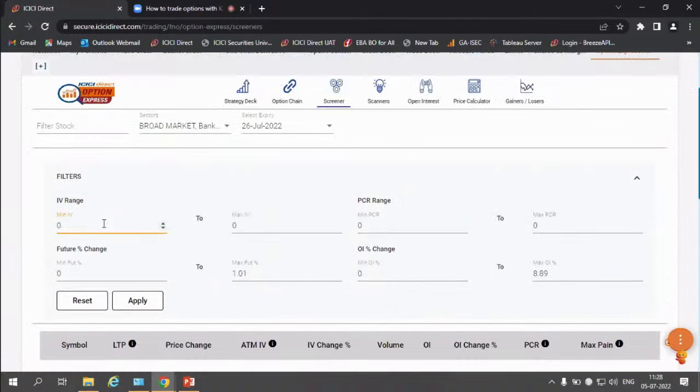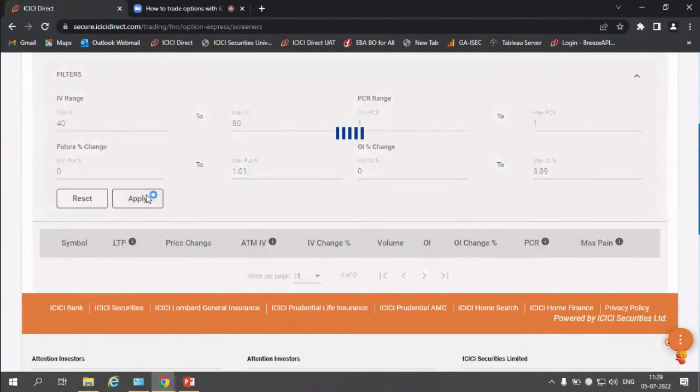Right. So for the IV range, the minimum IV that you want to filter, let's say from 40 to 80, is what you want to see. PCR range, you don't know how much you want. Let's say minimum PCR 1, max PCR 1. Let's say future percentage change and everything. If you want to filter based on those kinds of numbers, you'll be able to do it from here.